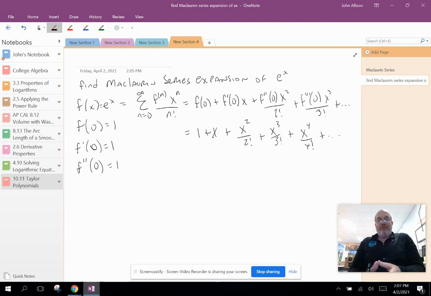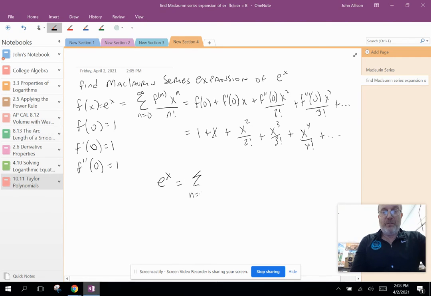So basically, we can say that e to the x is equal to the series n equals 0 to infinity of x to the nth power over n factorial.